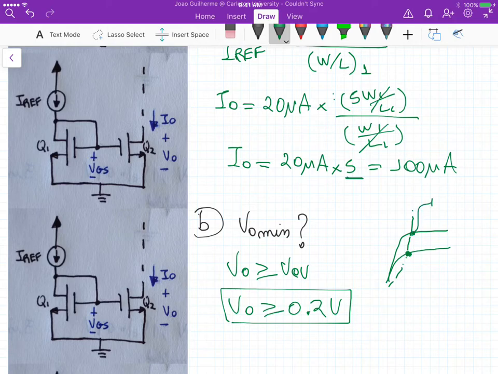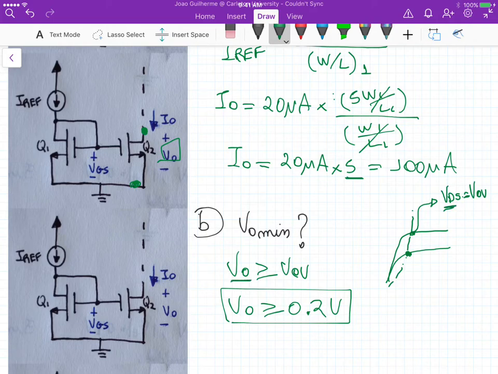This particular point is VDS equals V overdrive, and because V out is the voltage at the drain, and the source is grounded, VDS is actually VD, which is our V out.